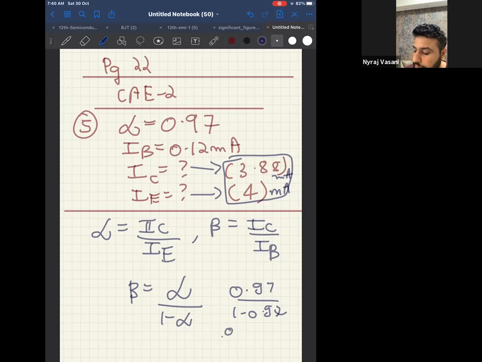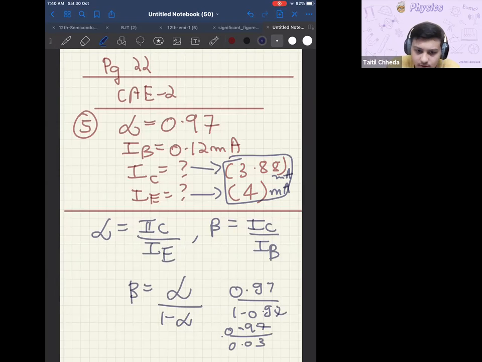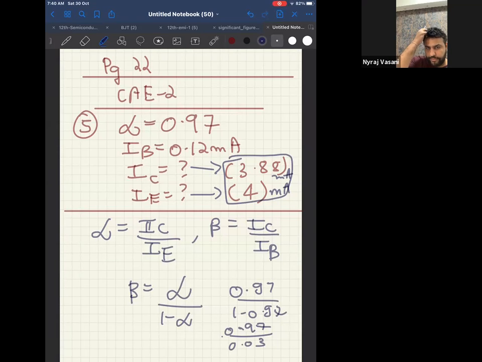So it will become 0.97 divided by 0.03. Correct? 3.23? No, 32.3. Because it will become 97 by 3. Correct? 97 by 3 is 32.3.